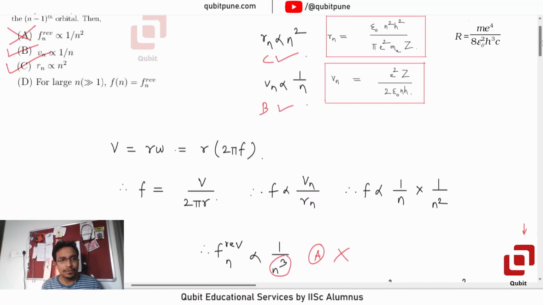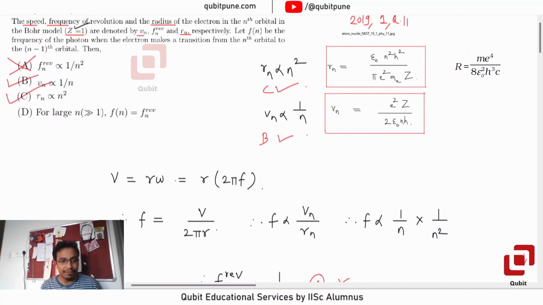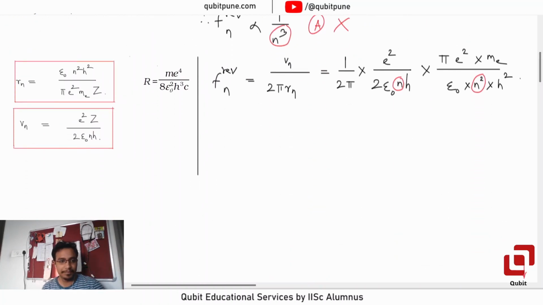Now let us go for f of n. Now what is f of n? It is the frequency of the photon when the electron makes a transition from the nth orbital to the n minus 1th orbital. Now pay attention. Suppose this is En and suppose this is En minus 1.